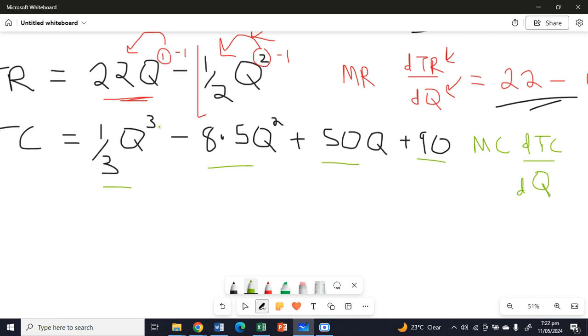When you're deriving, you multiply the exponent, the power, by the coefficient. 3 times 1 over 3, you get 1. Then the same exponent, you subtract a 1 from it. 3 minus 1 is 2. So we remain with q to the power 2.